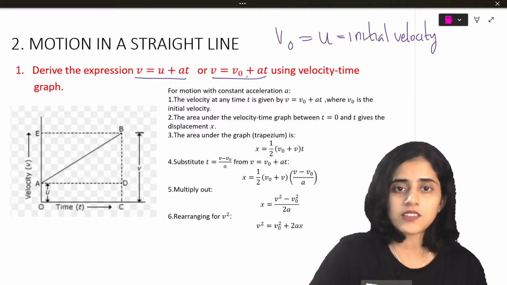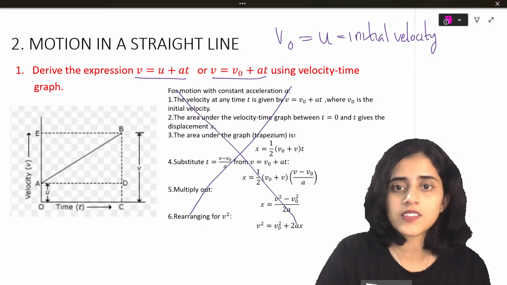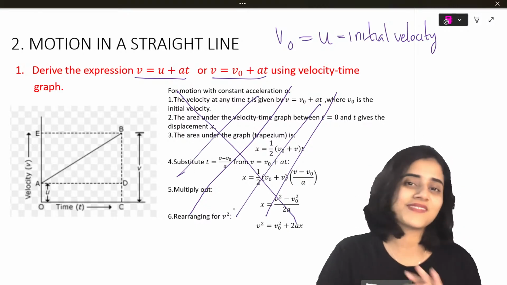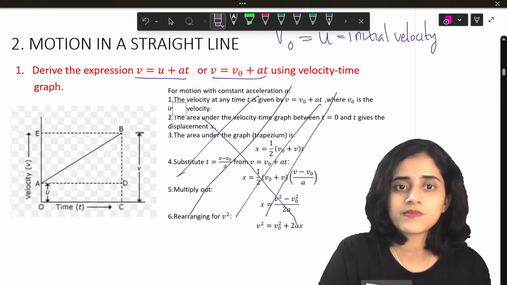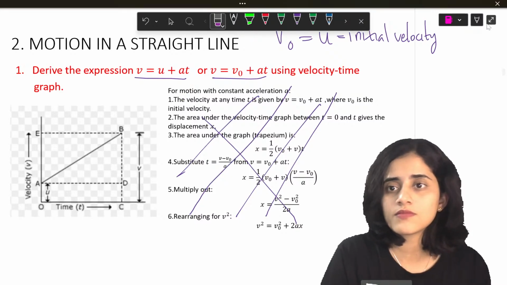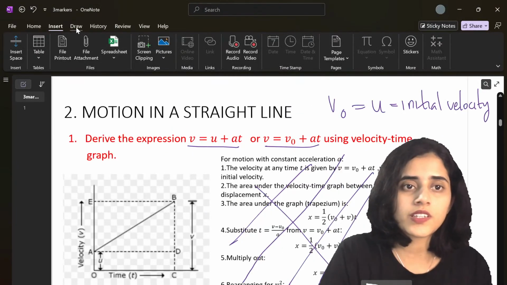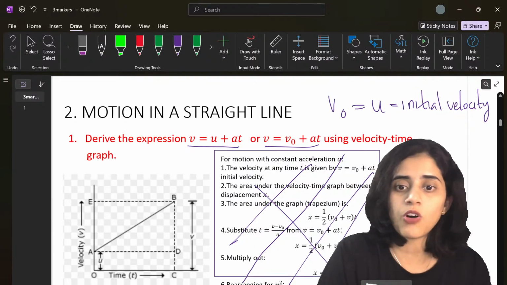Hey, there's a mistake here. This shouldn't be here. This is not the answer to this one. Erase that. I will not be able to erase it here. I can put a text box.